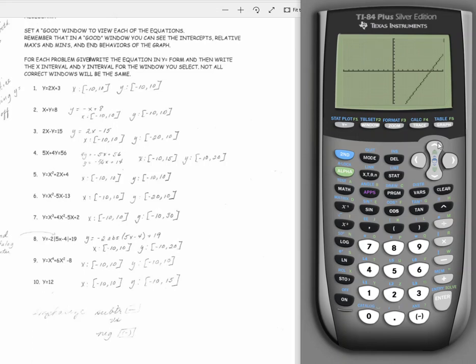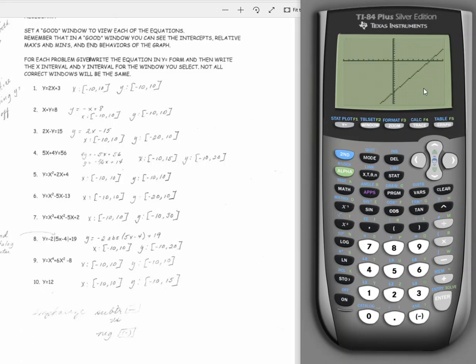And we can see the x-intercept. We cannot see the y-intercept down here. So when you go to the window to change that, the y-min is at the bottom, y-max at the top. So we want to go to y-min and make it lower. Let's try negative 20. That's just a guess. Let's see if that works.